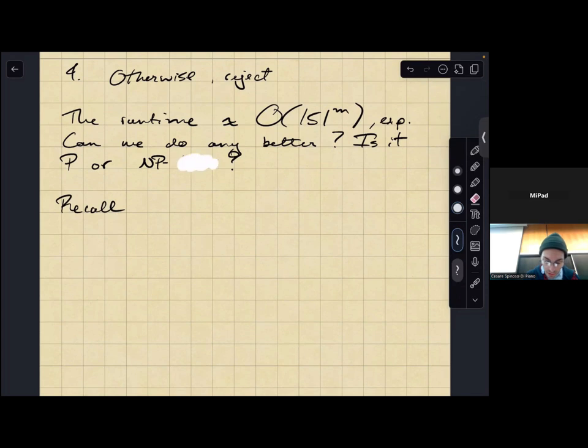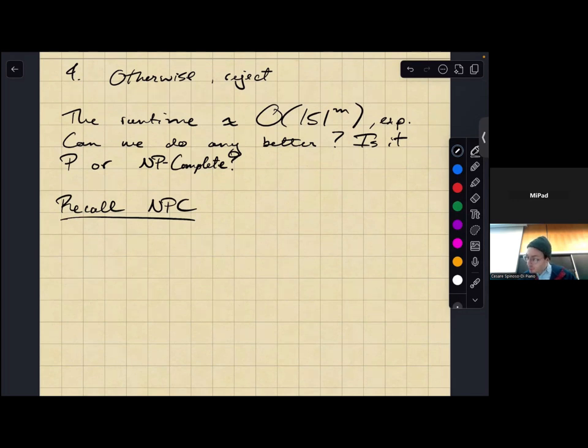Recall NPC for NP complete, not non-playable character. So what do we mean by NP complete? If a decision problem A is NP complete, then the first thing is that the decision problem is in NP.